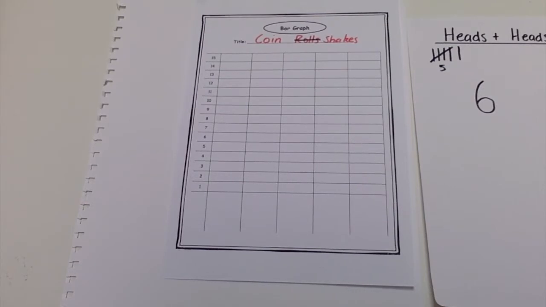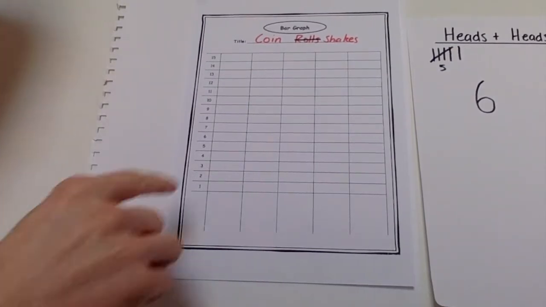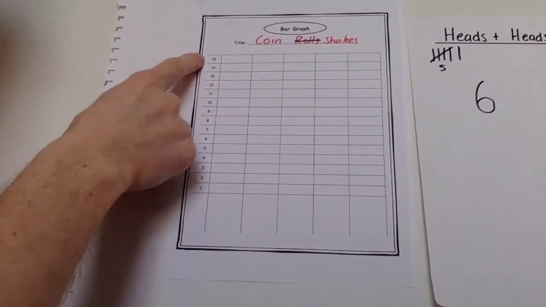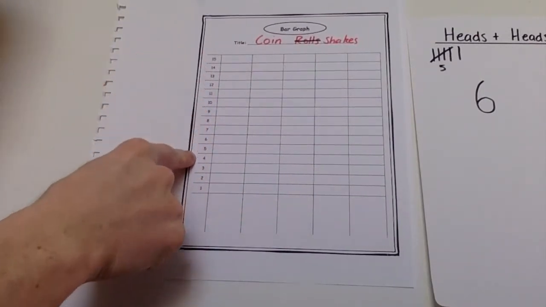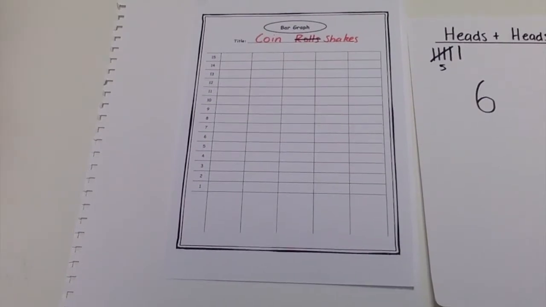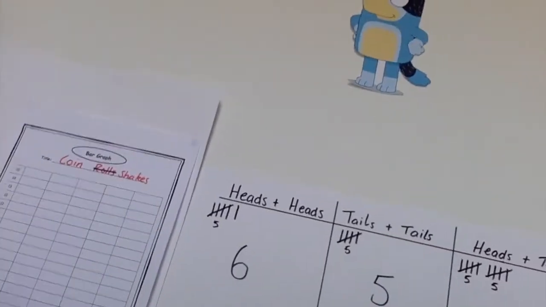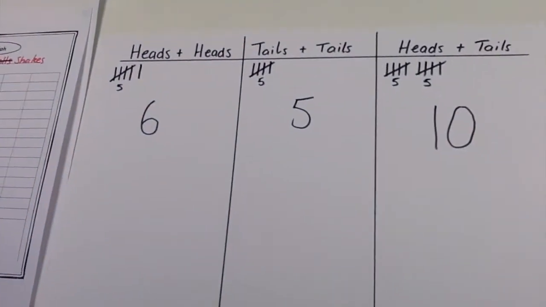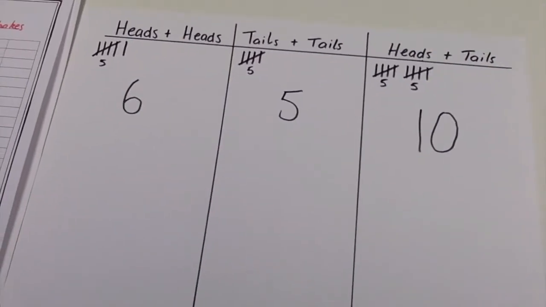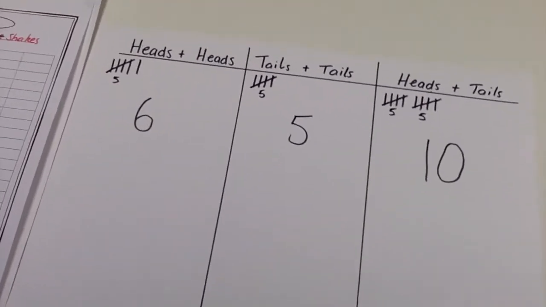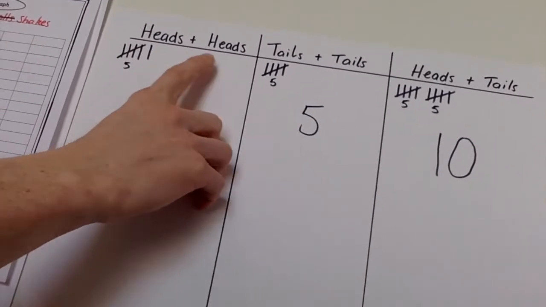Well, the numbers on the side equals the total of our tally, okay? Total of our coin toss in our tally, or coin shakes, okay? So if we have a look at our results we did before, we had a total of 6 heads and heads.